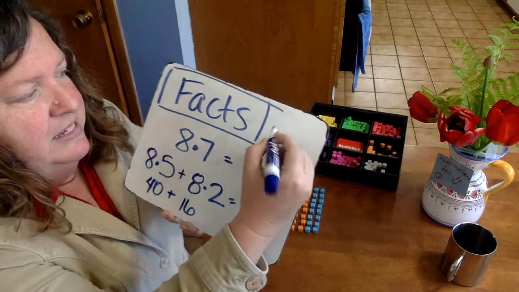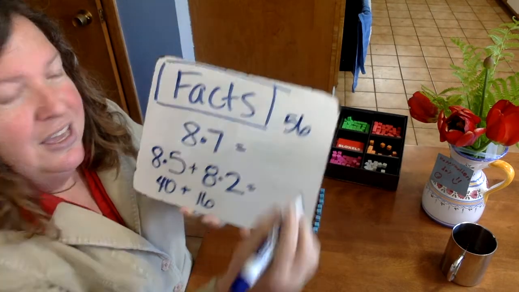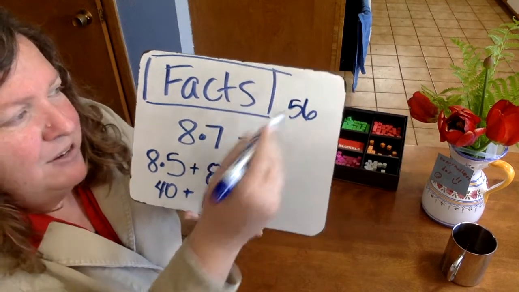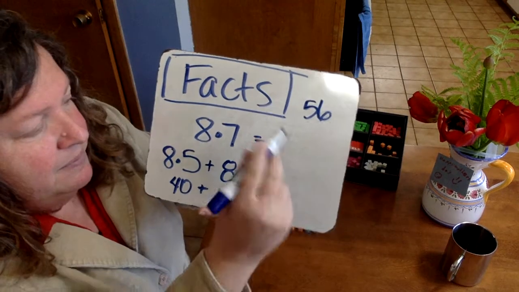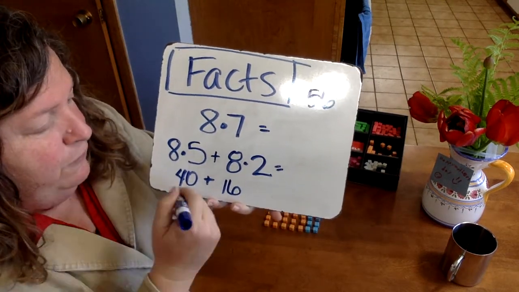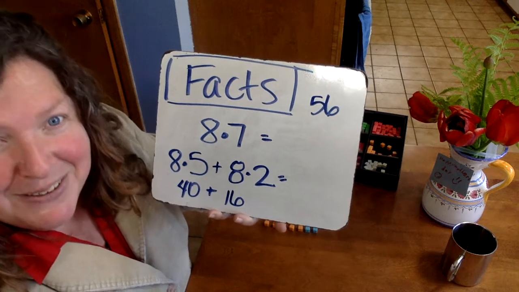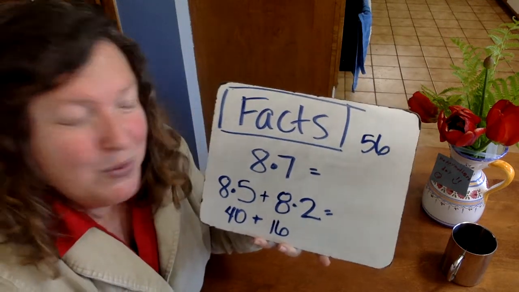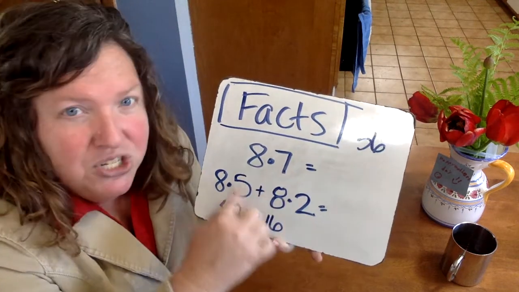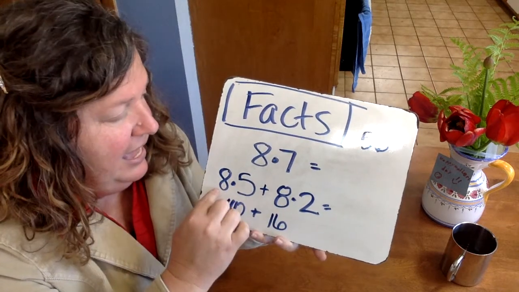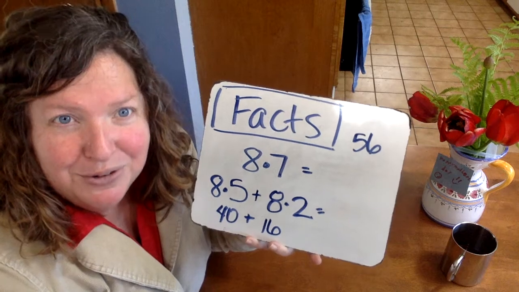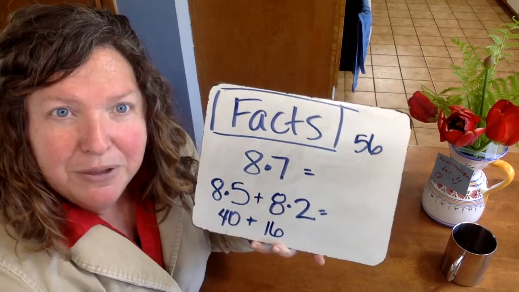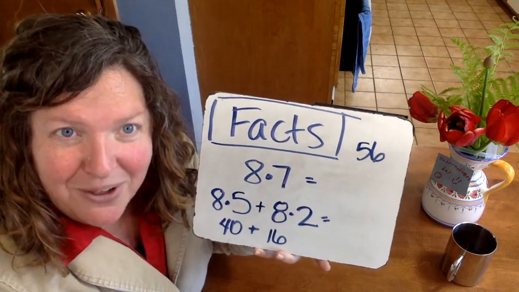Now, all of these things equal 56. 8 times 7, 56. 8 times 5 plus 8 times 2, 56. 40 plus 16, 56. So by redistributing the 8 groups of 5 plus 8 groups of 2, you've changed the problem and potentially made it easier to solve.